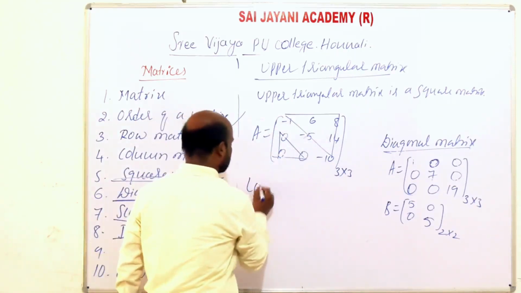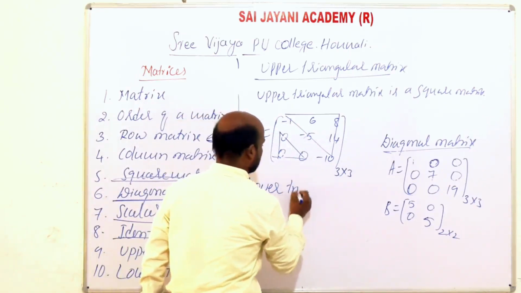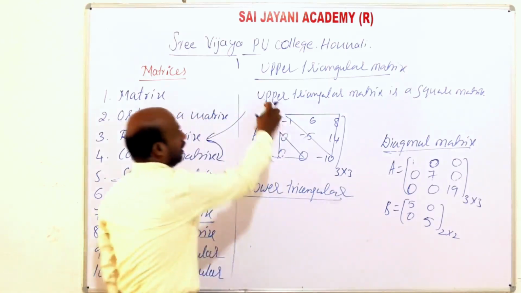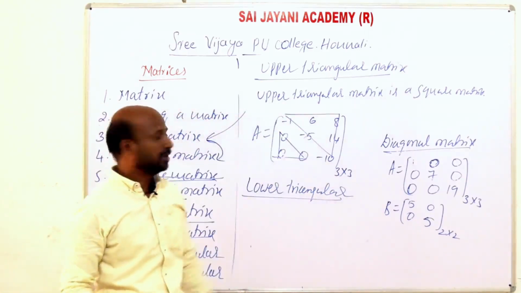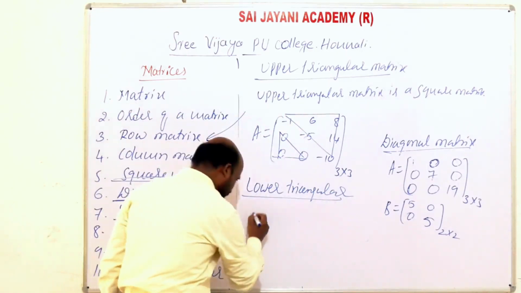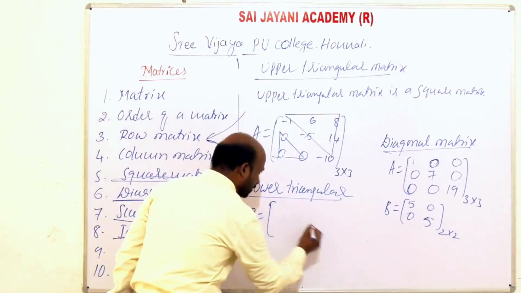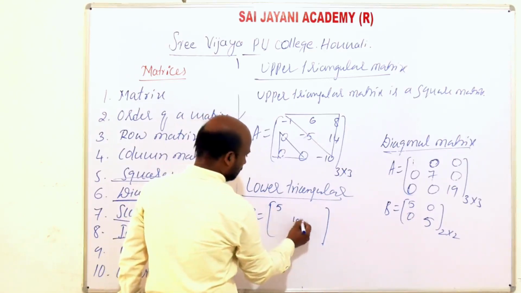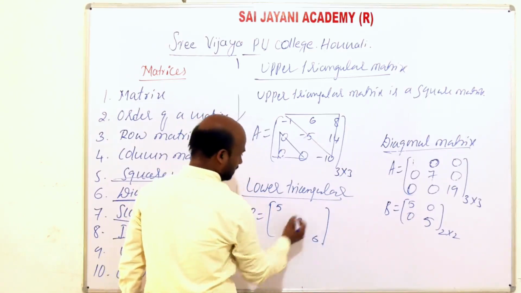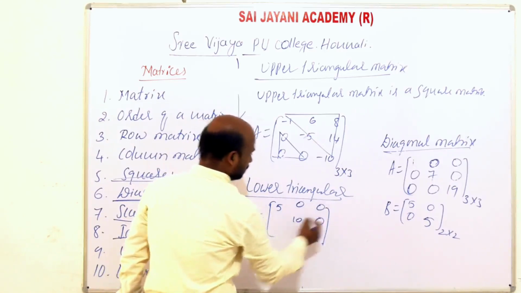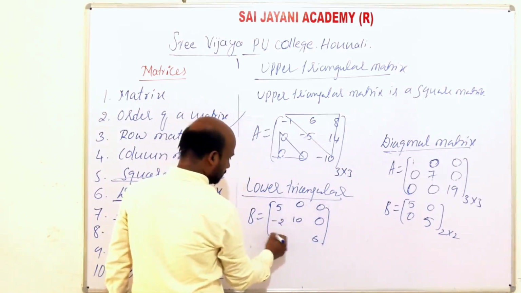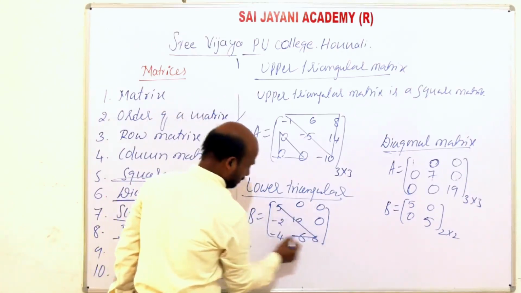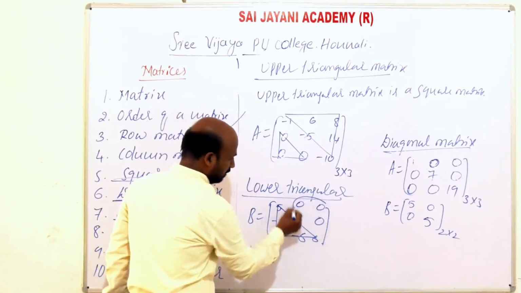So lower triangular matrix. Again, lower triangular matrix is a square matrix in which the elements above the principal diagonal elements are zeros. And this is 5, 10, and this is 6, 0, 0, 0, and this is minus 2, minus 4, minus 6. See here, these elements are zeros.